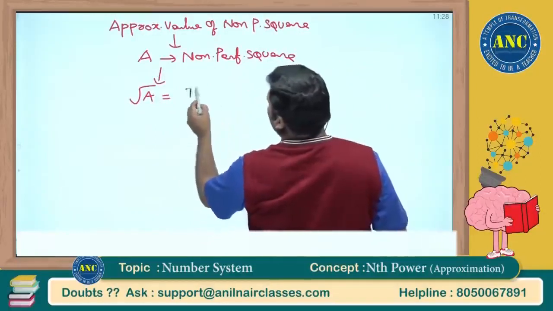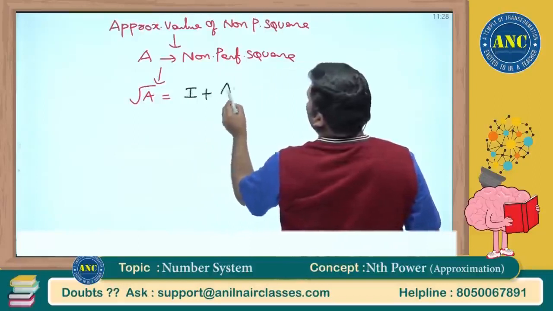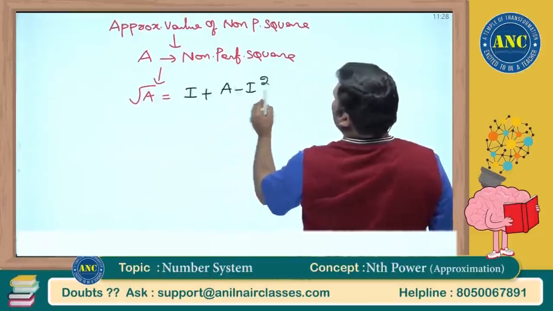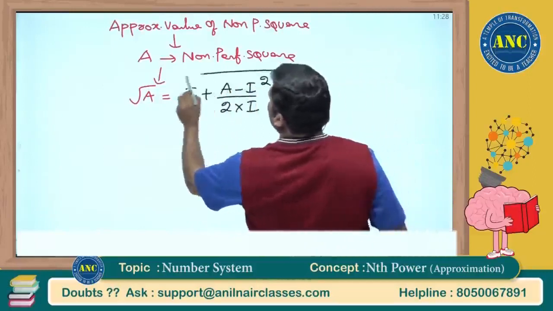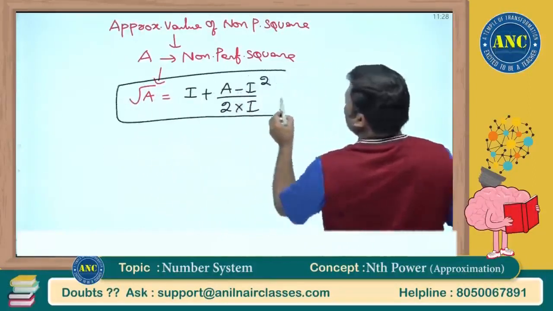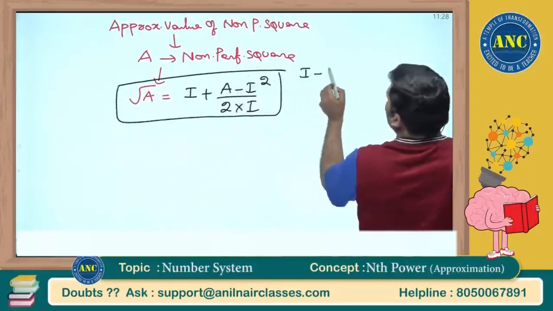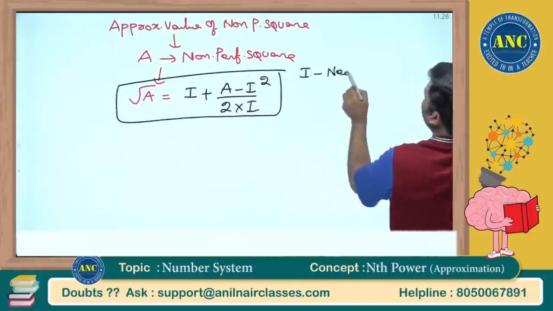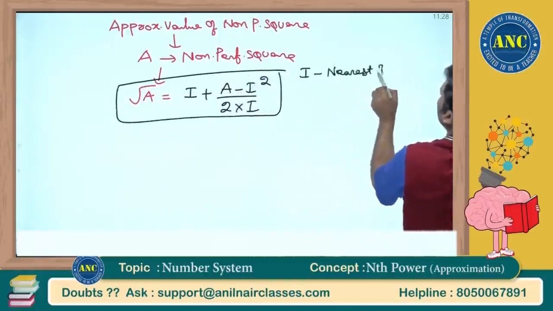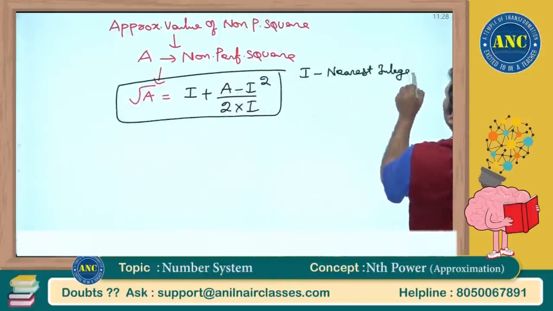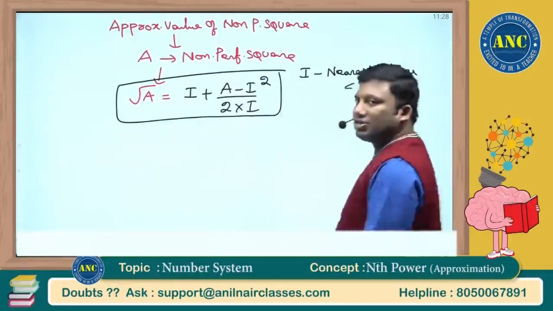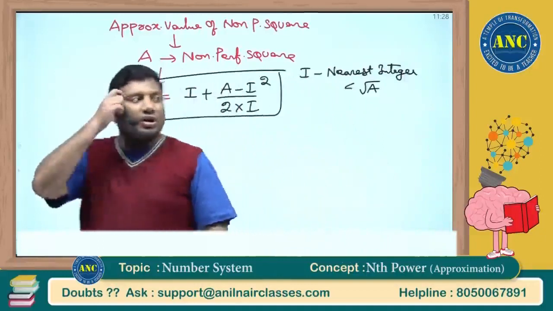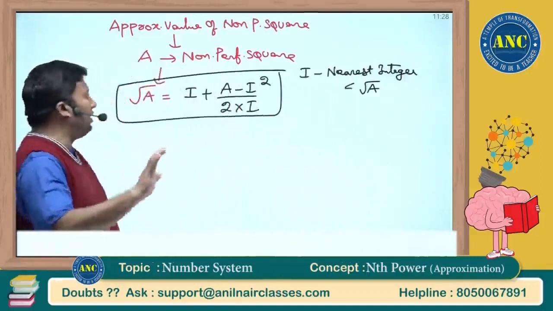The answer is nothing but I plus A minus I square divided by 2 into I. I is the nearest integer just less than root of A. I hope the concept is clear.